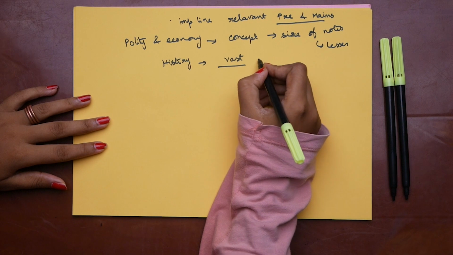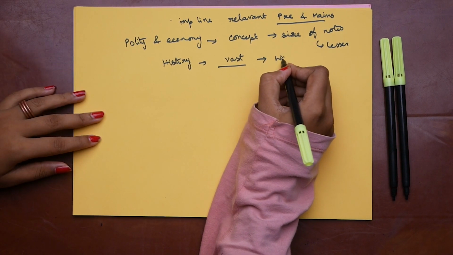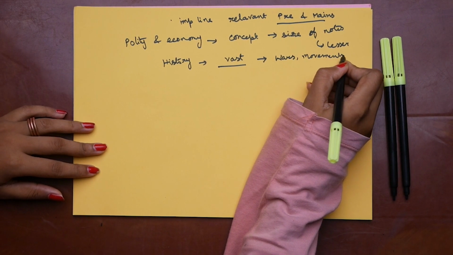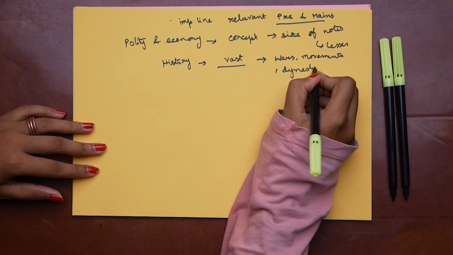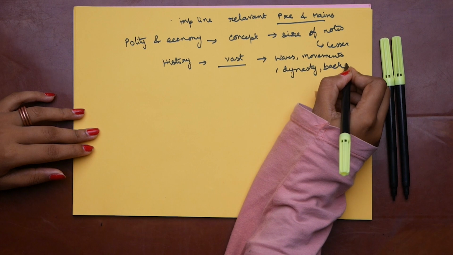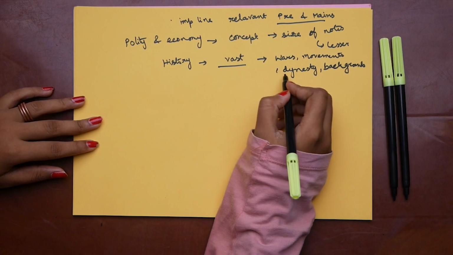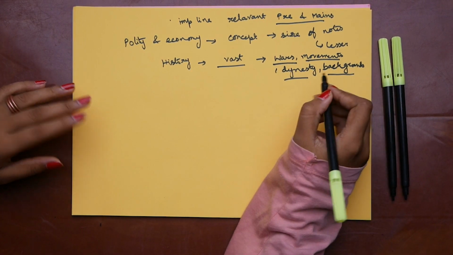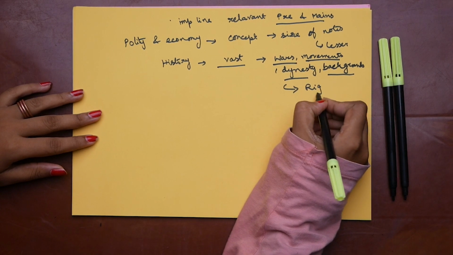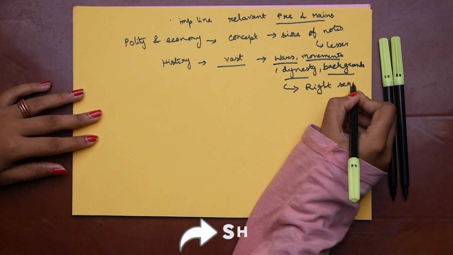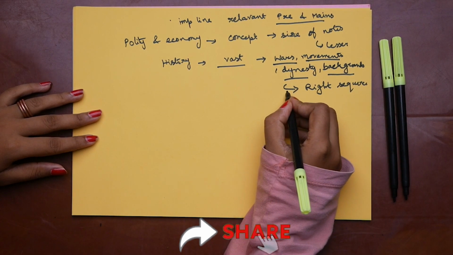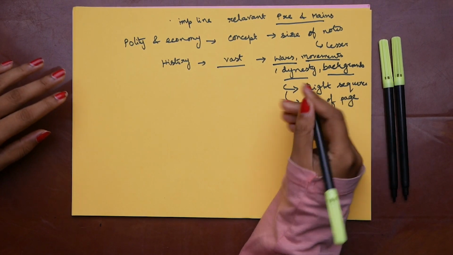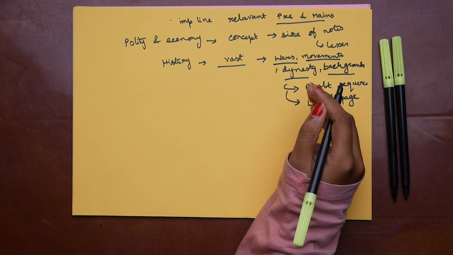It contains lots of words, different kinds of struggles, movements, dynasties, backgrounds. Since it contains various kinds of movements, dynasties and backgrounds, and you have to note them in the right sequence, it will take a lot of your pages. That means your notes will be bulkier than your polity and economy notes.